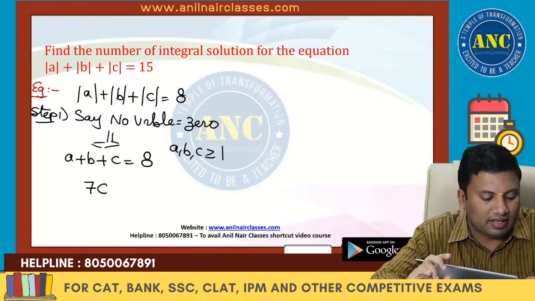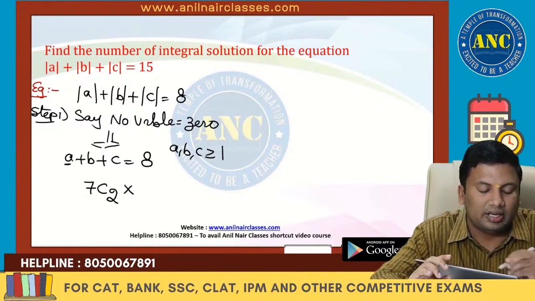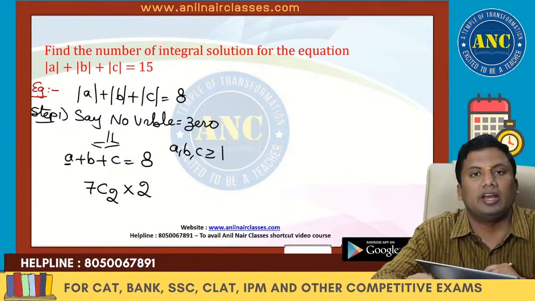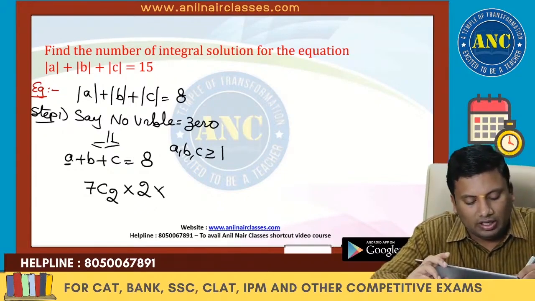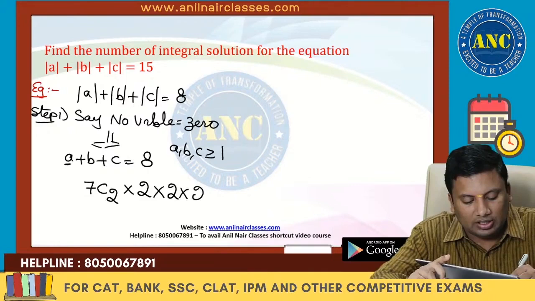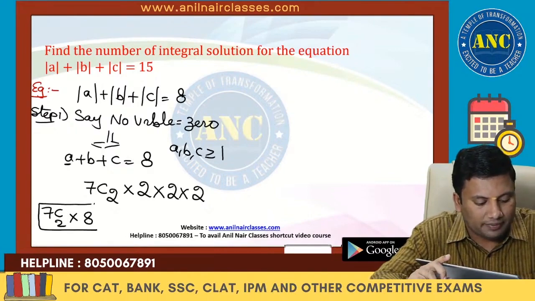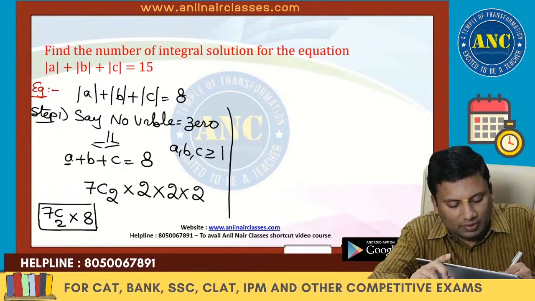So I will get 7 gaps, 2 cuts, 7c2. For a, inside plus a or inside minus a, the output will be positive. Similarly for b and c. So with no variable 0, I got the answer as 7c2 into 8. First case.